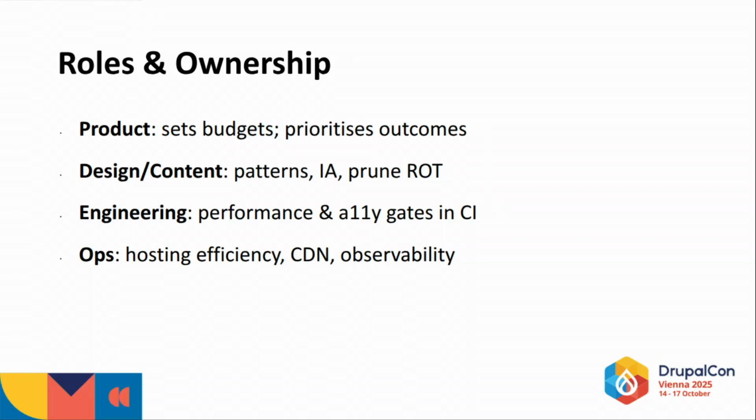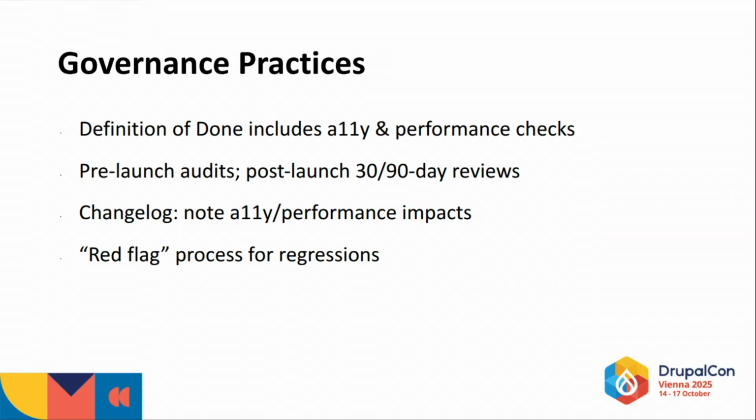In engineering, maybe using CI/CD techniques for performance. And in operations, looking at your hosting and seeing if it's efficient and uses the latest techniques, and actually examining the hosting itself to understand if it is naturally inclined to sustainability.